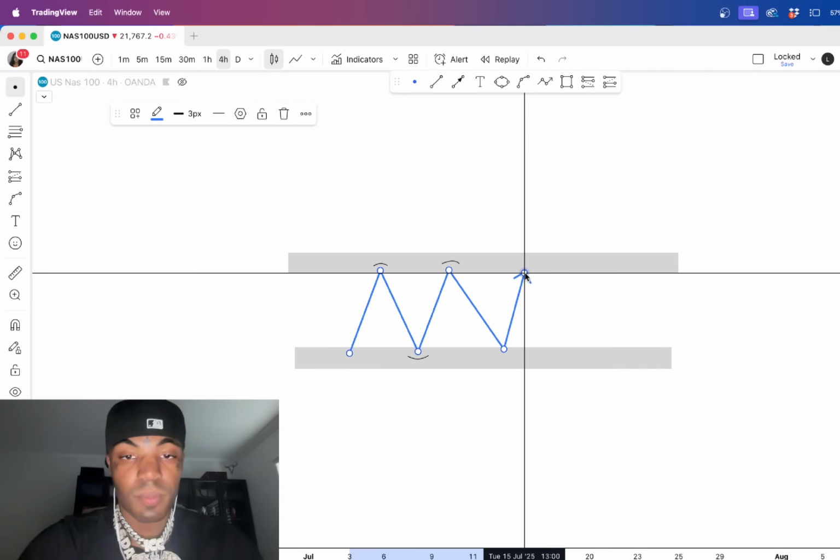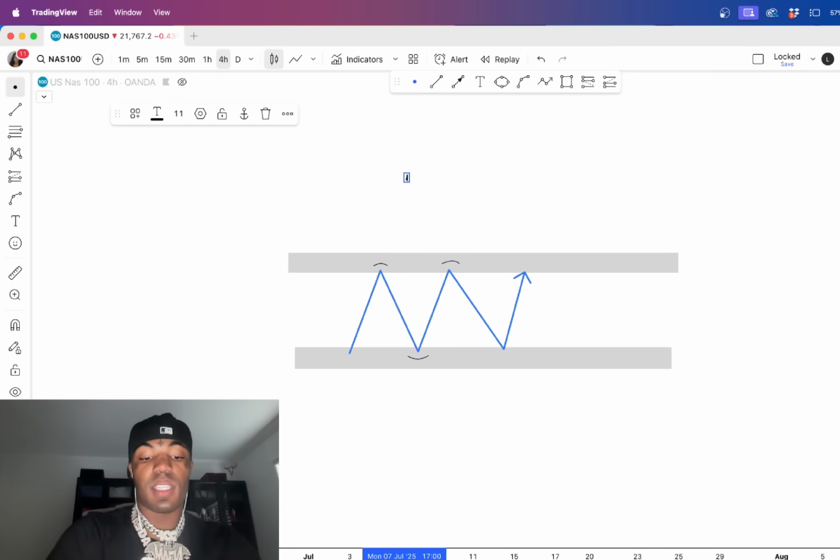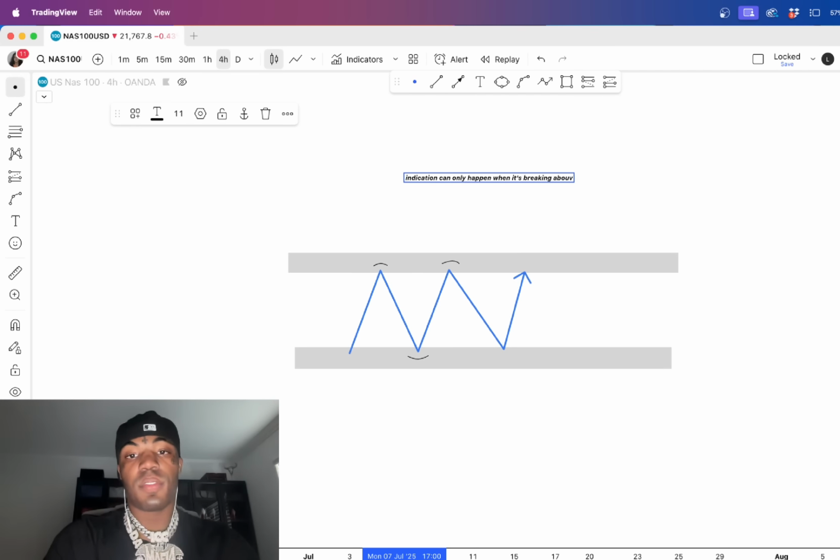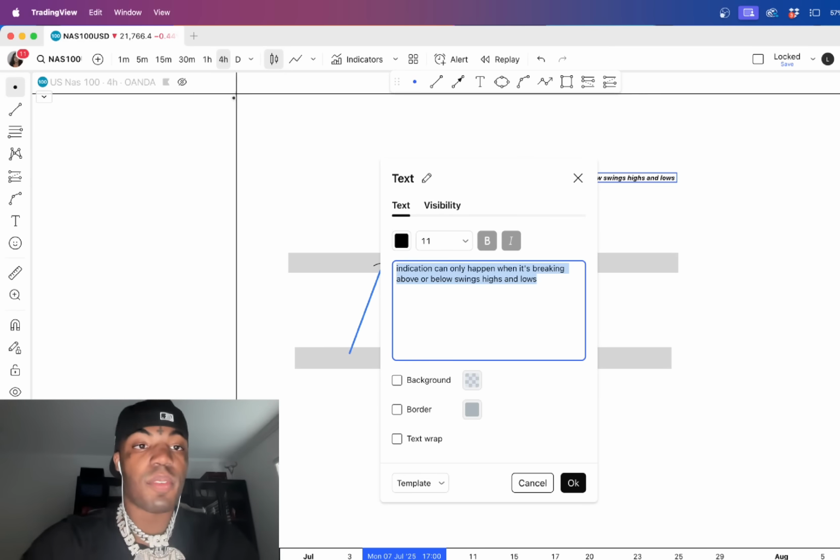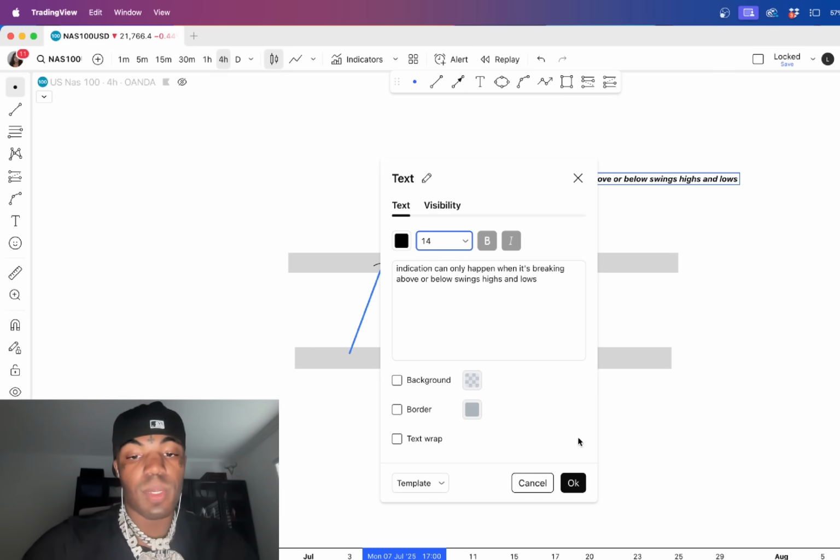So indications can only happen, write this down, indications can only happen when it's breaking above or below swings, and that is highs and lows. So indication only can happen when price is breaking these swing levels.